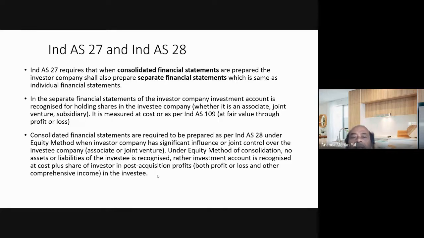In the separate financial statements of the investor company, an investment account is recognized for holding shares in the investee company, as if in their own individual financial statements.